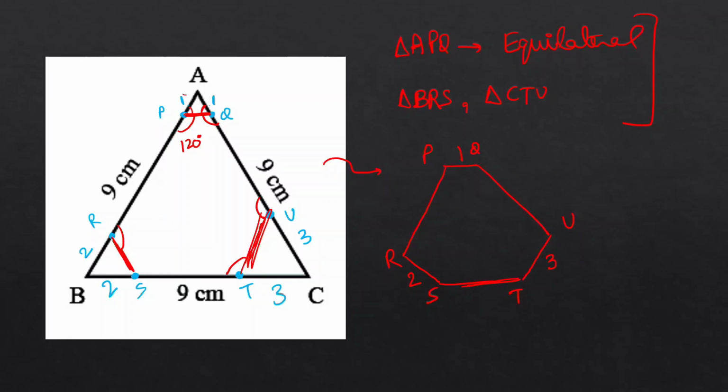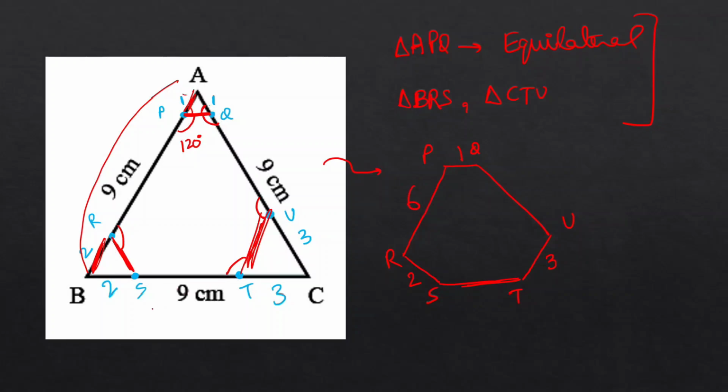See, side PR is part of the original triangle side AB. So AB was 9 centimeters or 9 units, and from this AB we can subtract 2 units from here, 1 unit from here, so I will be left with 6 units.